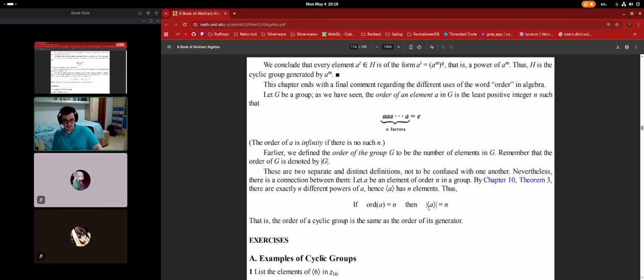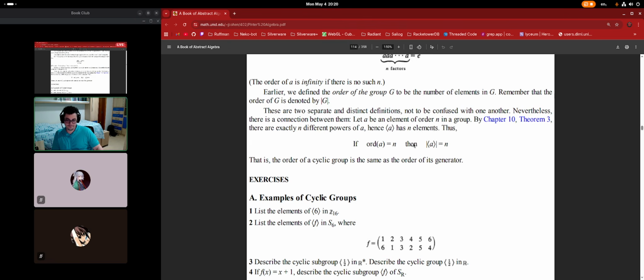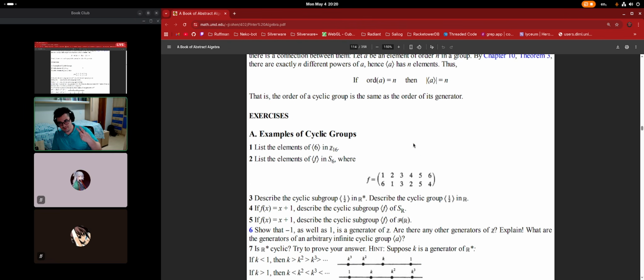If we get to n, we automatically go to the identity, which we already had. Maybe that's why it's n instead of n minus 1, because we're going to generate the identity out of that. Is that the reason? That's the reason, yeah. Okay, got it.